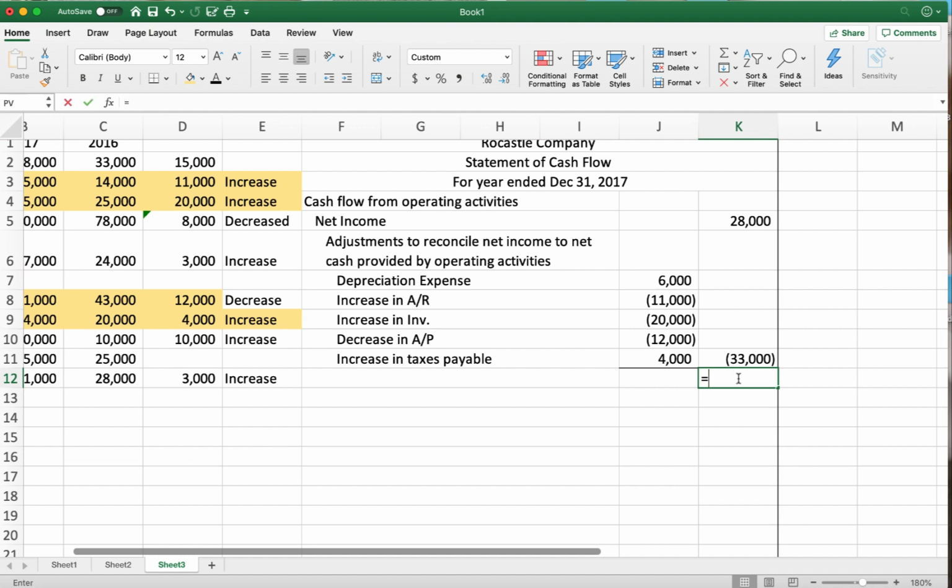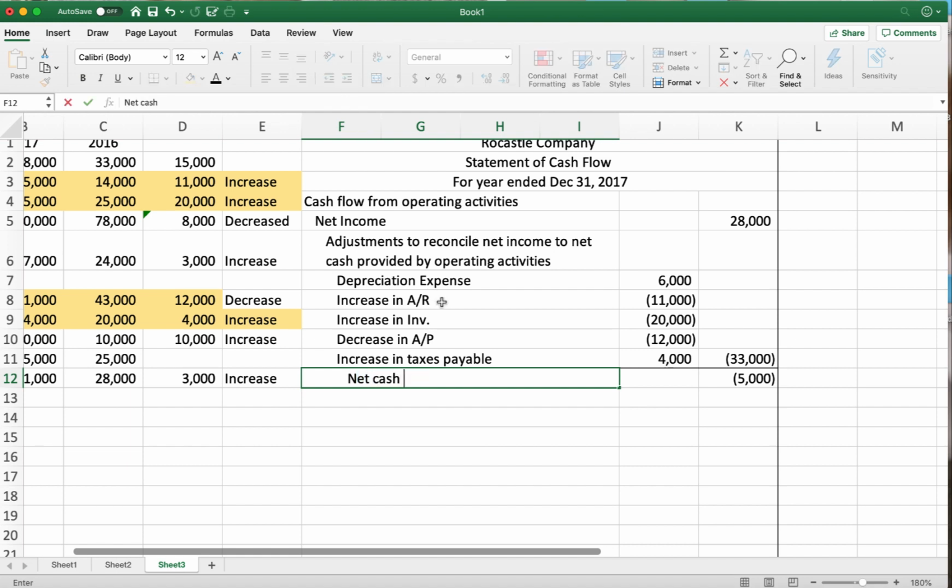So I'm going to take my net income and I'm going to add in my negative. I get negative $5,000. This is net cash used by operating activities. Okay, perfect. Go ahead and skip a space.